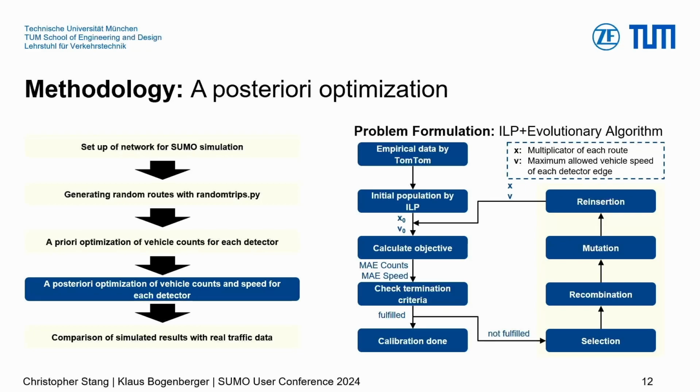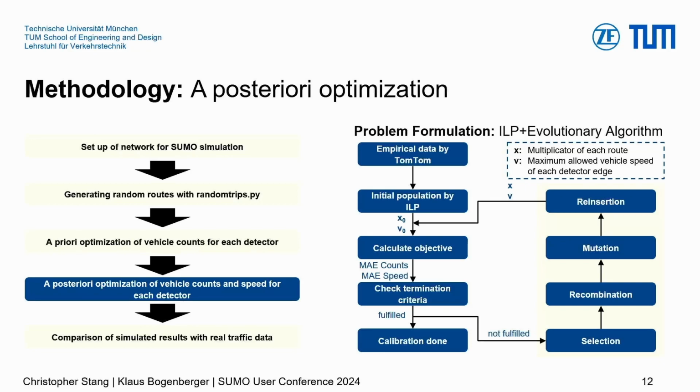This parameter set is extended by the maximum allowed vehicle speed of each detector. I've chosen the maximum allowed vehicle speed of each detector because everybody who's driving a car regularly knows that you don't drive 50 kilometers per hour when it's set to drive 50 kilometers per hour. So this is my instrument to calibrate the speed data.